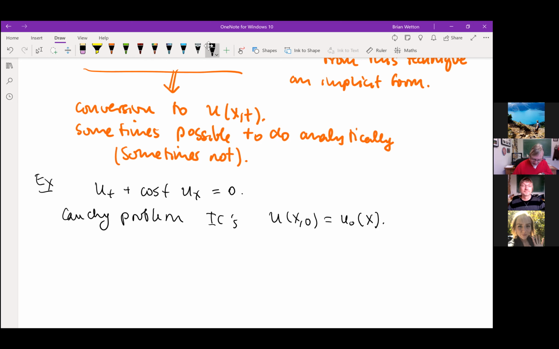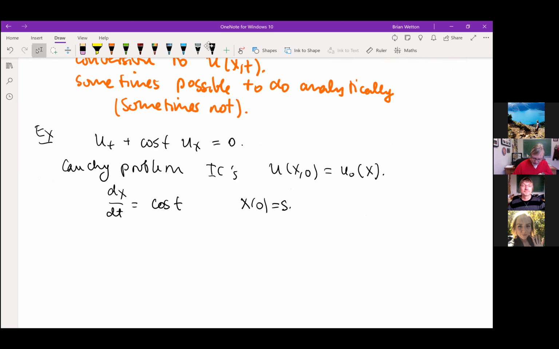Okay, so let's solve for the characteristics. Okay, so there's no x dependence here, so this is just an integrate. There's no real ordinary differential equation to solve. We're just integrating. I'm going to get, with the initial conditions, x is sine t plus s.